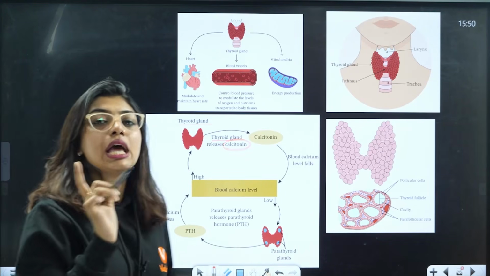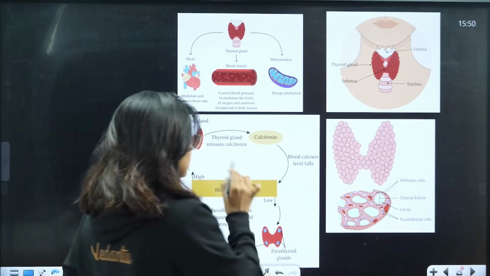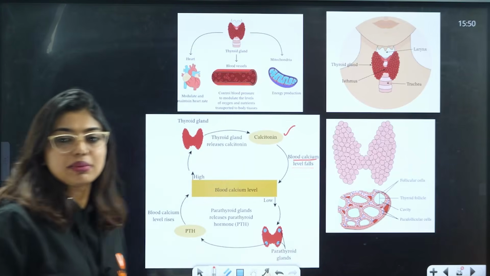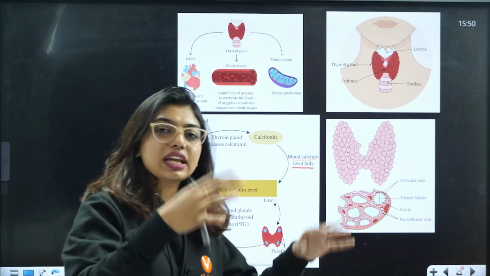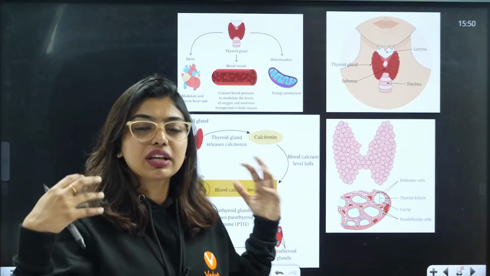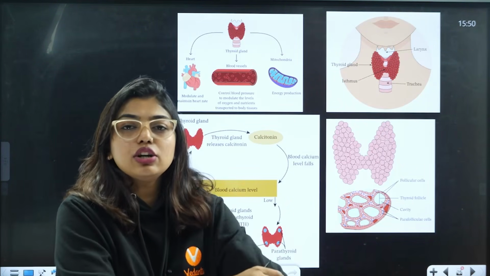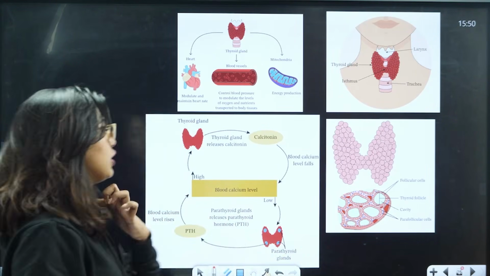Who is going to release? Parafollicular cells will be releasing the TCT. It will release calcitonin, and the calcitonin will reduce the calcium levels. It will give the calcium to the bones. It will give the calcium to the tissues. It will tell everyone, you use how much calcium you want, and don't give the calcium back to me. That is how the calcium utilization happens.